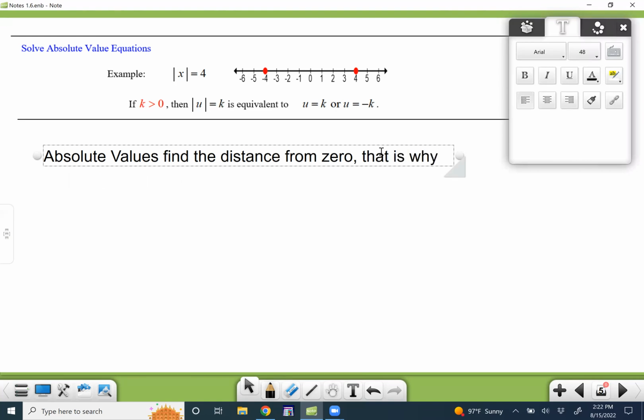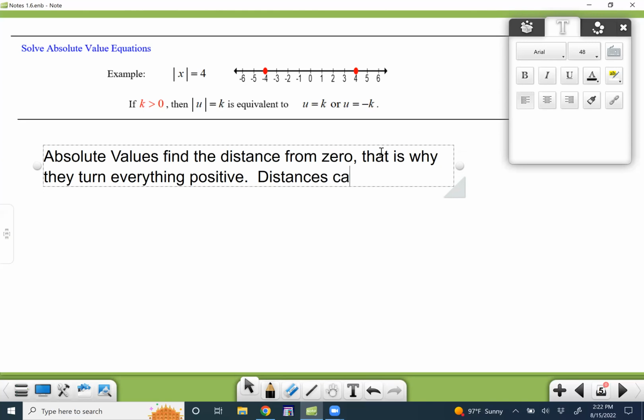That is why they turn everything positive. We never allow distance to be negative, right? You have never in your life said, yeah, I live -4 miles away from my brother or my sister, right? Okay, so there's no negative distances. Distances cannot be negative.